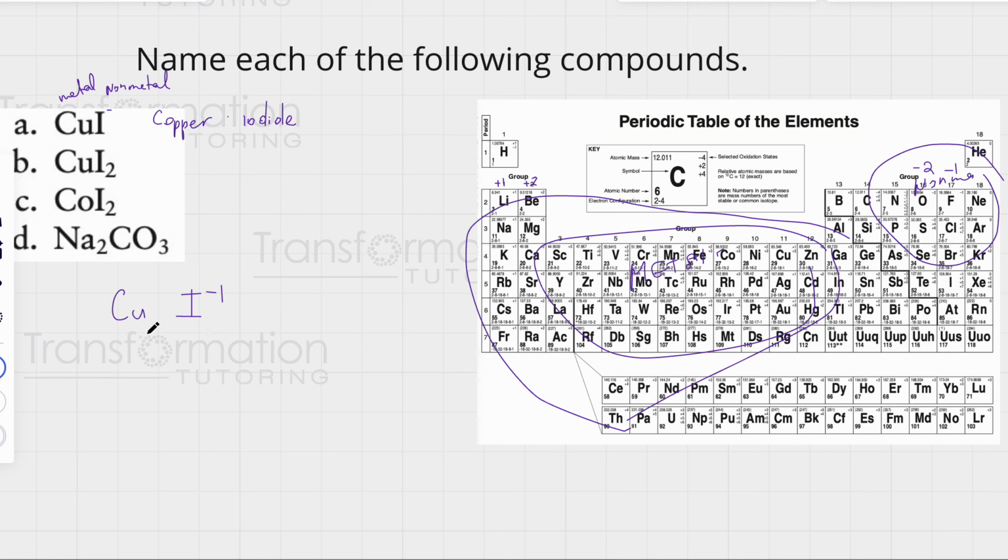What charge does copper have to make CuI? When the cation and anion come together, the compound overall has to be neutral. So if this is -1 and this is CuI, Cu has to be +1, because +1 and -1 give me 0.